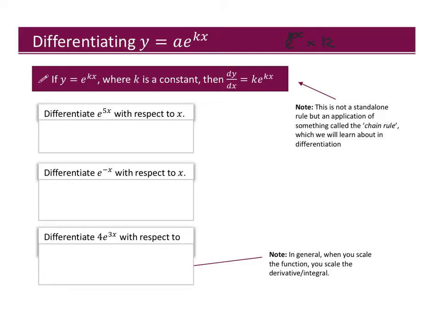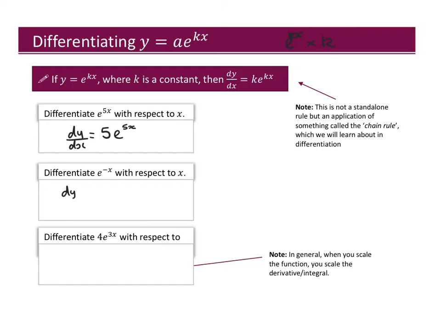In other terms, if we had e to the 5x, when we differentiate that, e to the 5x stays the same, and then we multiply it by the differential of 5x, which is 5.